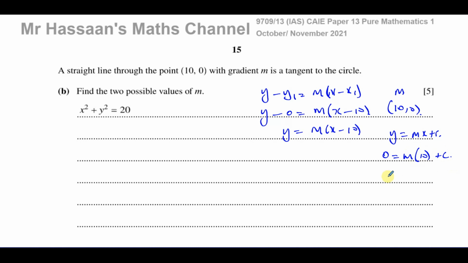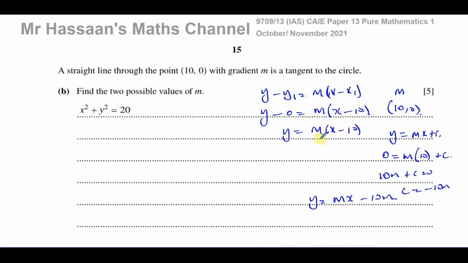So you end up with 10m plus c equals 0. So you can say c equals minus 10m. So you end up with y equals mx minus 10m, which is exactly the same as we get there. Okay, m times (x minus 10).